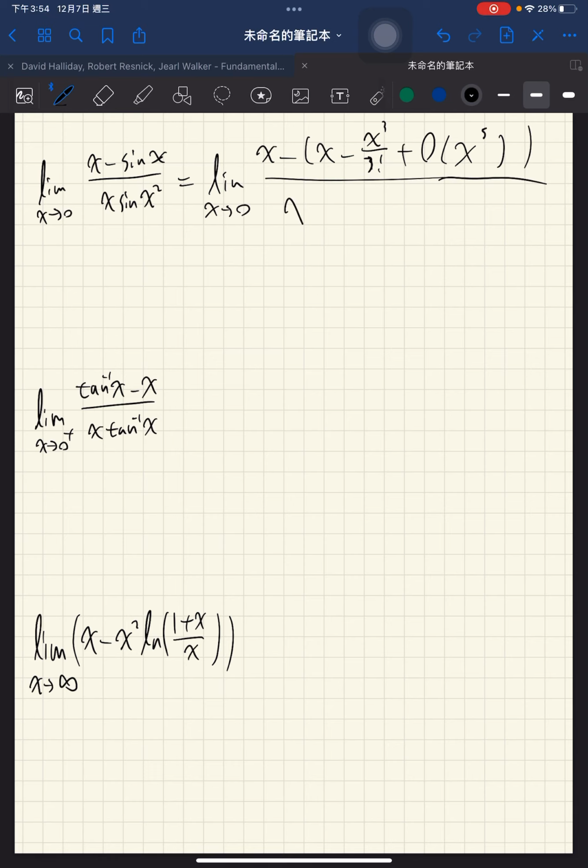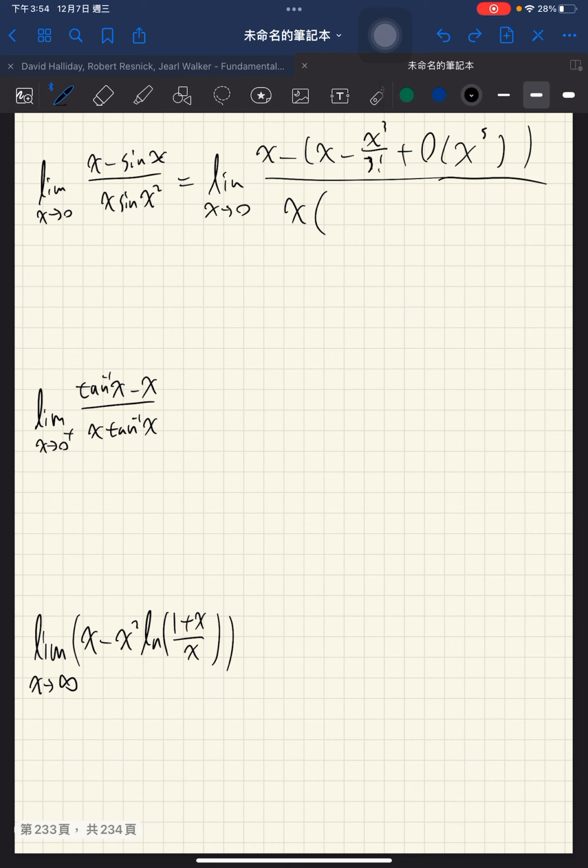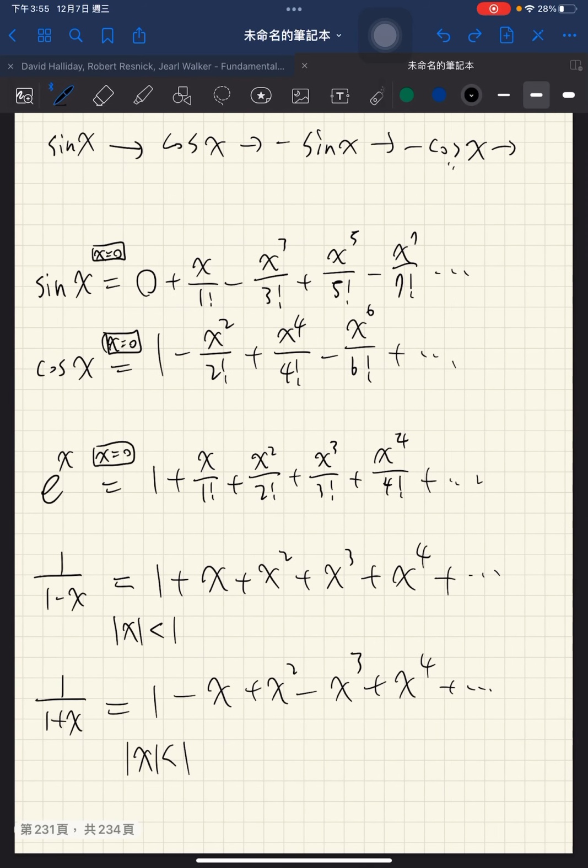And when the x is not the original x, instead it is x squared, we just need to plug in x squared for the x here.